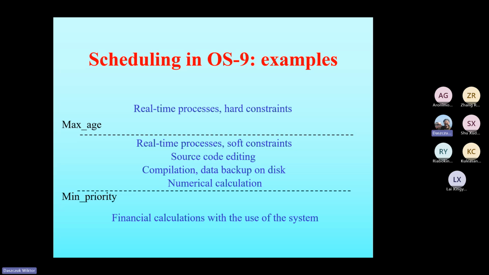However, from time to time, it reads some part of source code, and from time to time, it outputs the binary code on output. So from time to time, it uses input-output. So I would place it over numerical calculations.